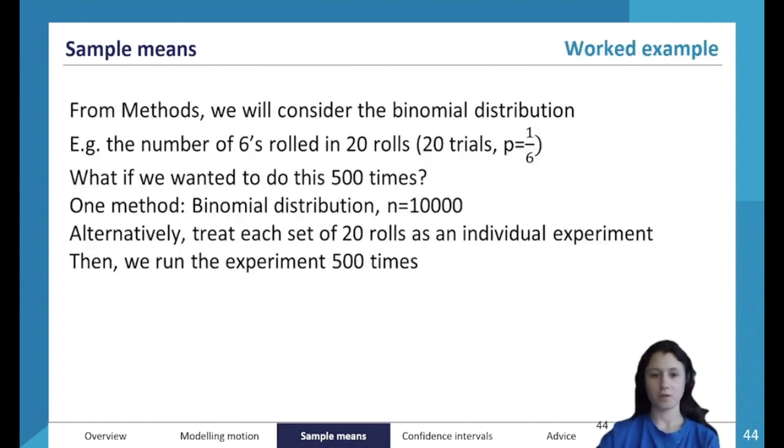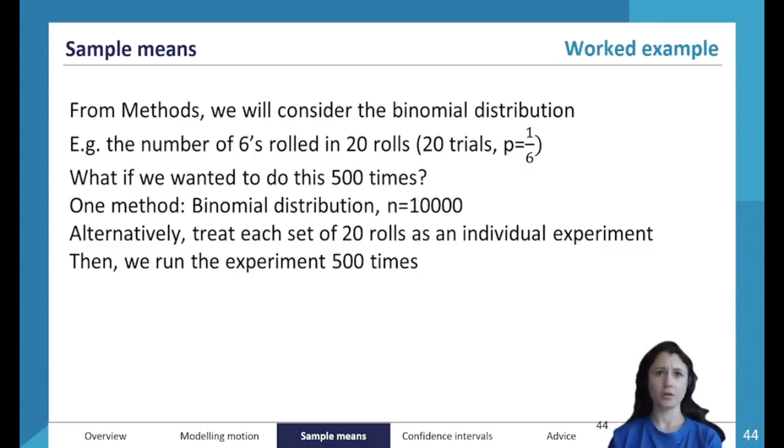From Methods, you can consider the binomial distribution about rolling 6s in 20 rolls of a dice. But if you were to do this 500 times instead of 20 times, the distribution that you see will approach a normal distribution.